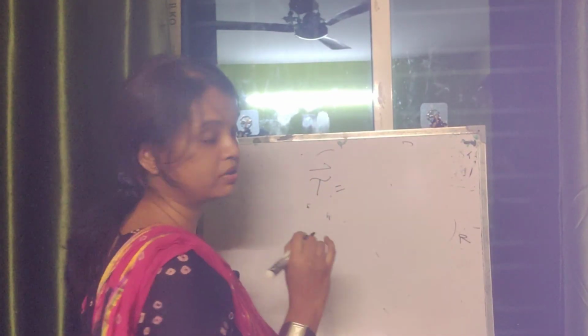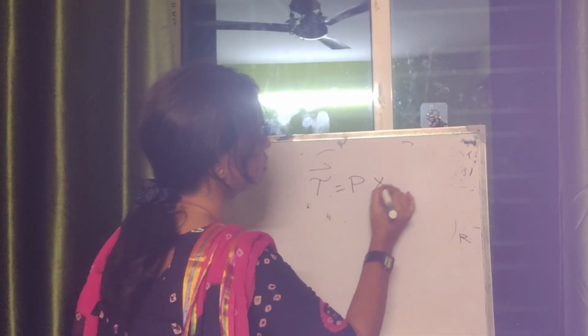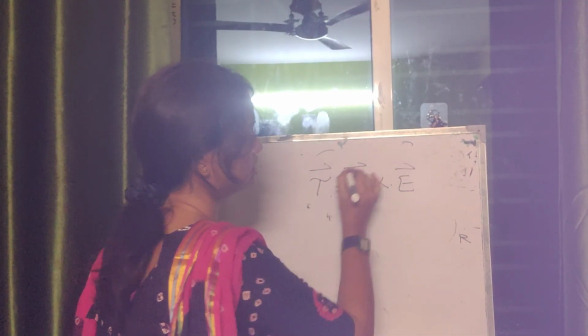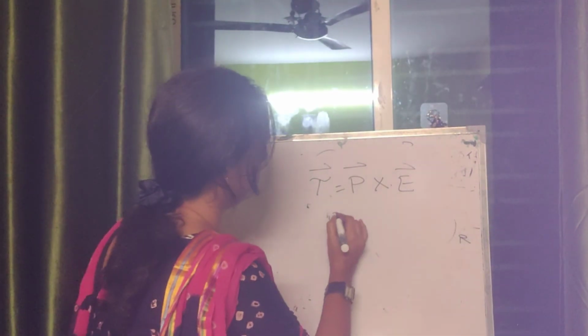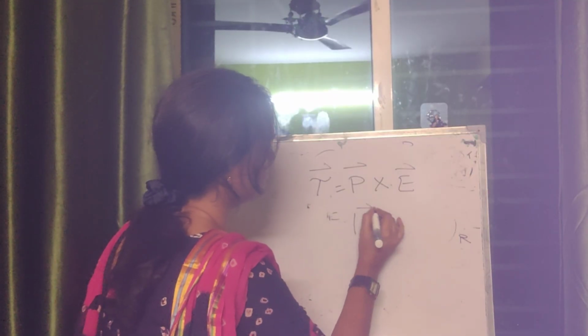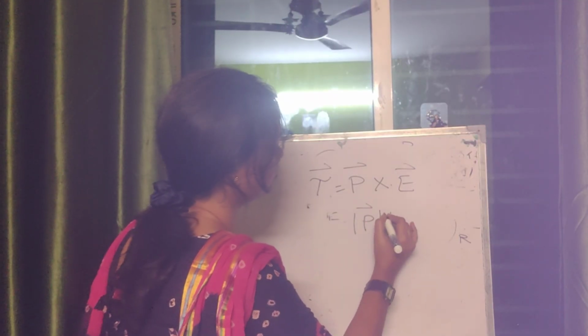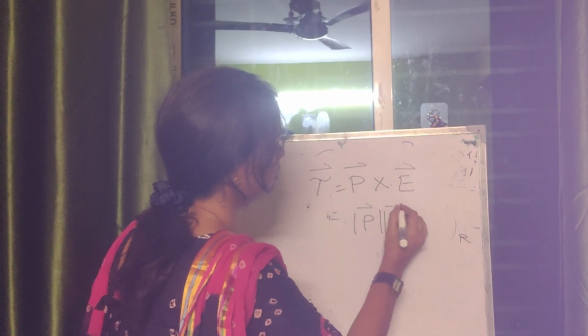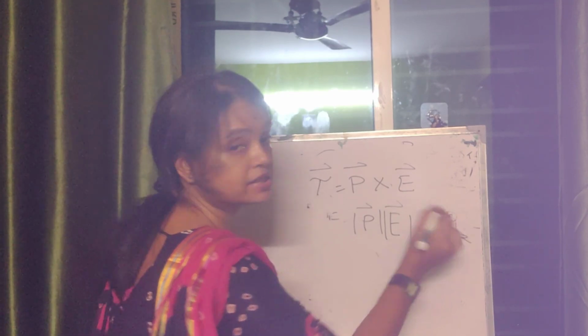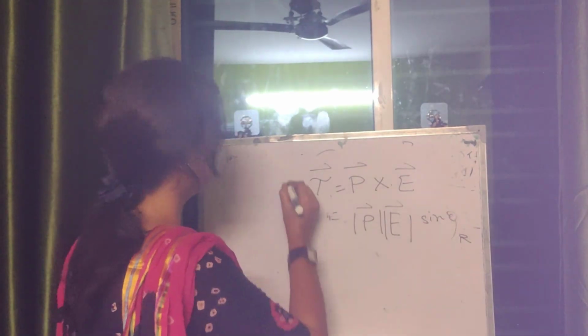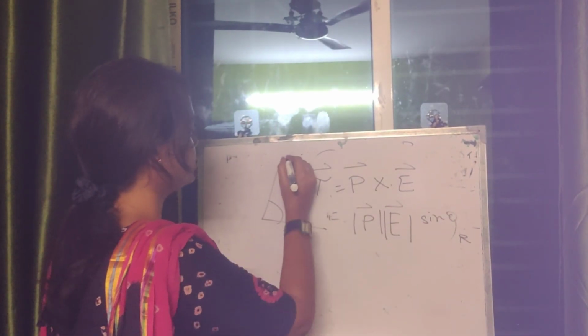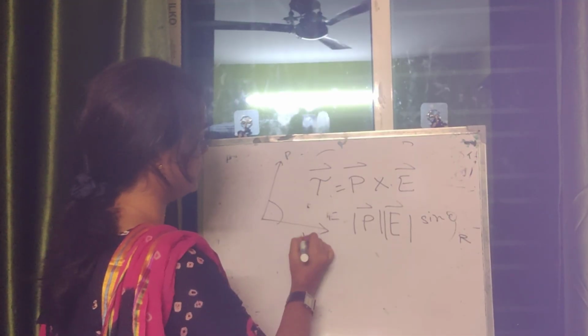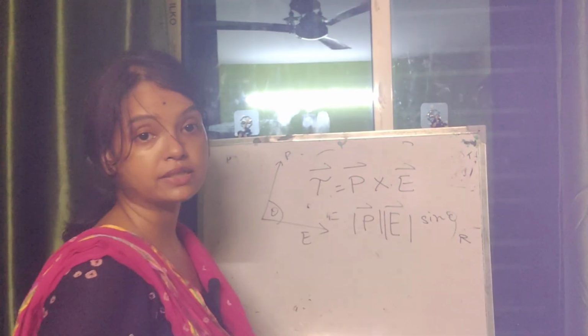It's also a vector quantity, P cross E. It's a cross product and that can be written as PE sine theta, whereas theta is the angle between the dipole and the electric field.